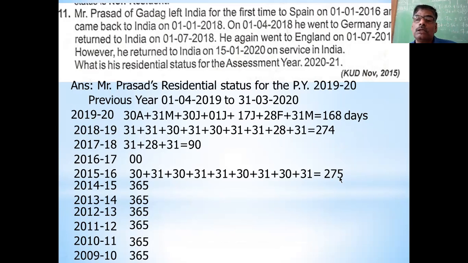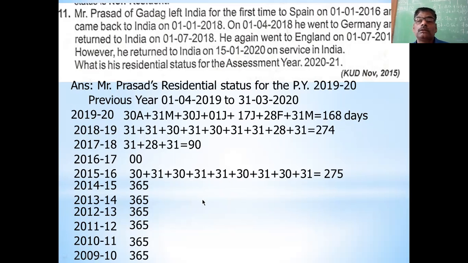Second basic condition satisfied. That is nothing but more than 60 days in the previous year, more than 365 days in the 4 preceding previous years. Second basic condition satisfied. What about the subsequent conditions?